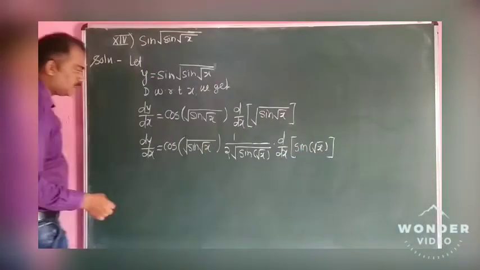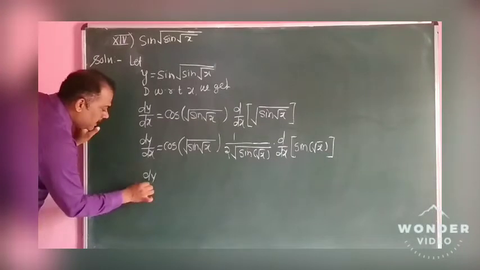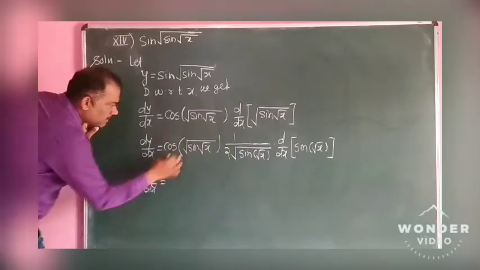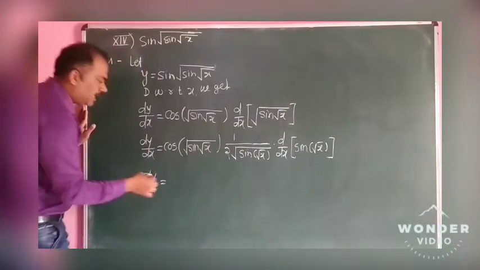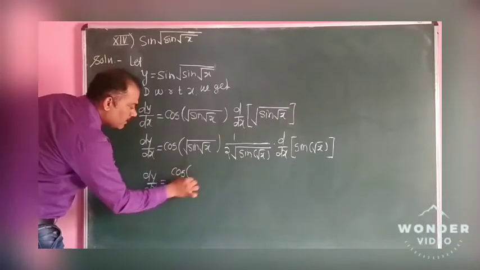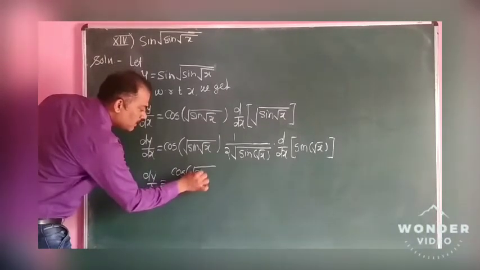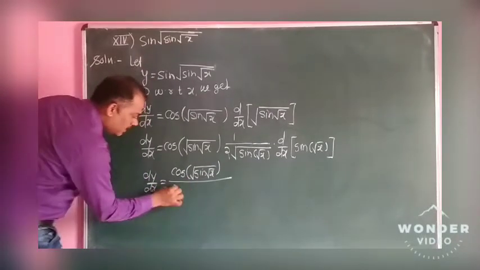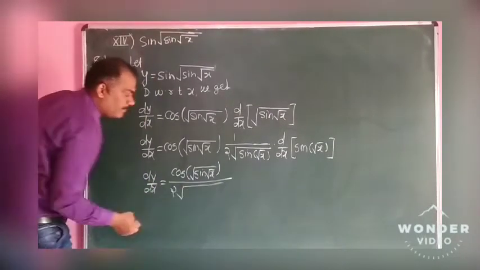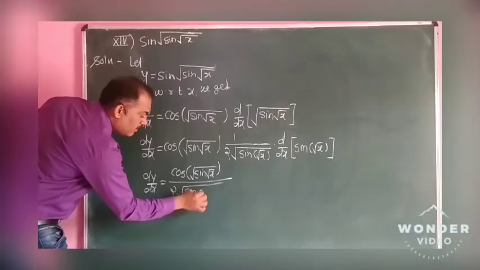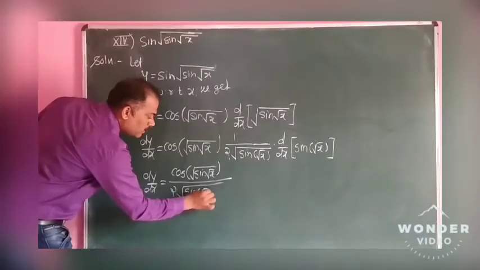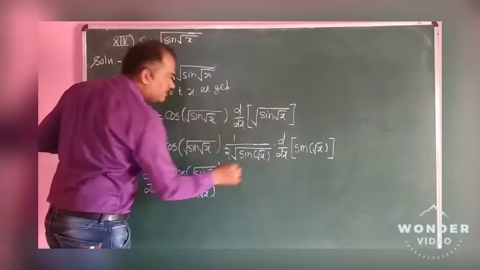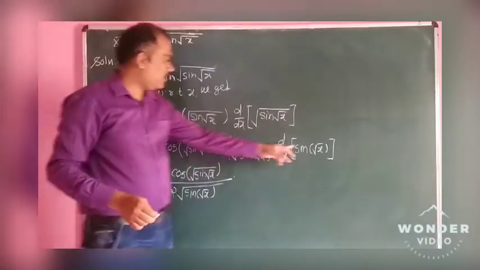This is a multiplication, so we can write dy by dx is equal to cos of root of sine of root x divided by 2 times root of sine of root x into, what is the derivative of this sine?